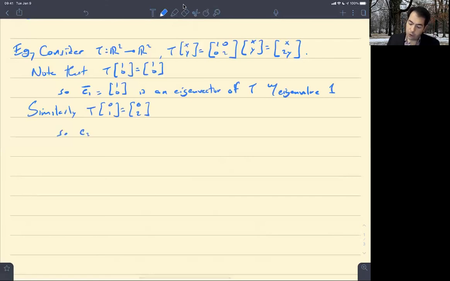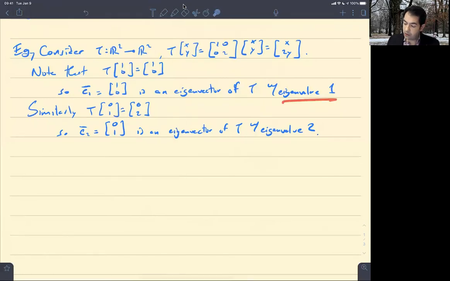So the vector E2, (0, 1), is an eigenvector of T with eigenvalue 2. So looking back at the matrix we started with, the eigenvalues ended up being exactly the elements on the diagonal, and the eigenvectors ended up being E1 and E2, right?